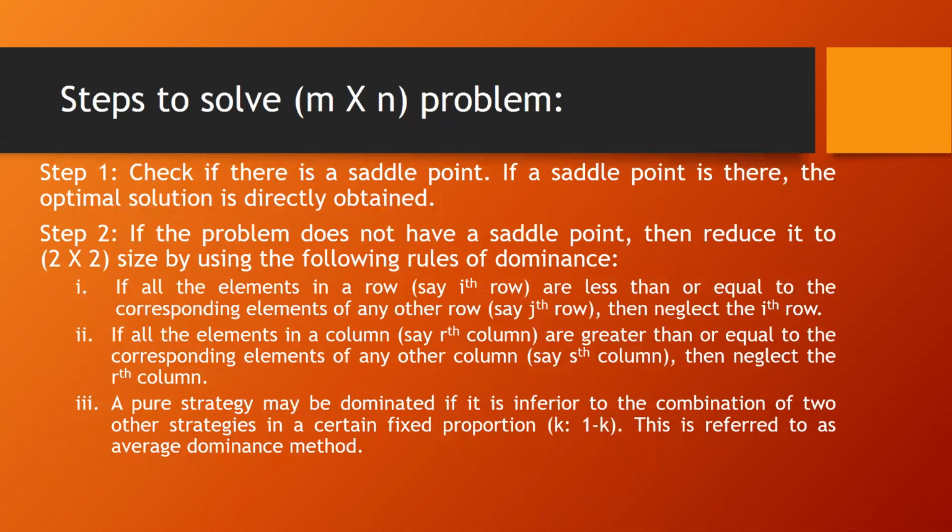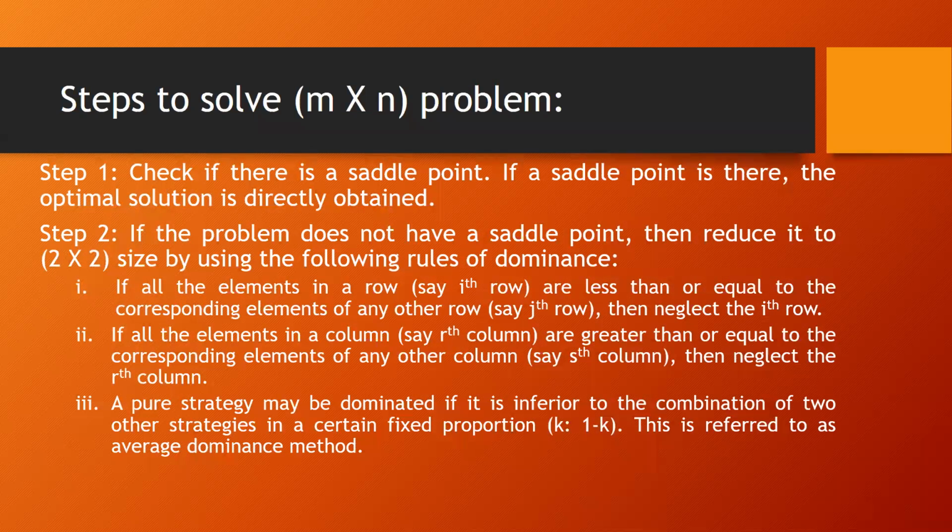If this is not helping me reduce any of the rows, then I check with k equal to 1 by 3, so 1 minus k will be 2 by 3. Again use this proportion, do the calculation, and check whether I can eliminate any particular row or column. If not, go ahead with the next value, say 1 by 4, and so on.